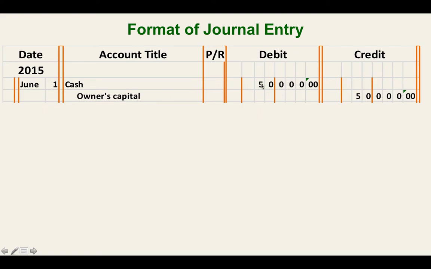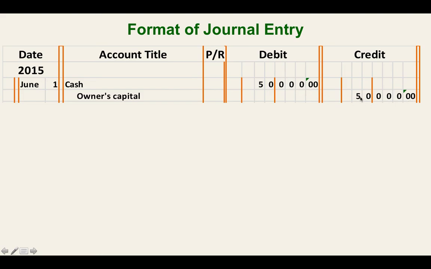And each value is written on each column, like in this case, 50,000. There is a bold line in the money column that denotes the thousand. You do not use comma and period for money columns, okay? We just follow the columnar writing of our amounts. In this case, 50,000 and 50,000.